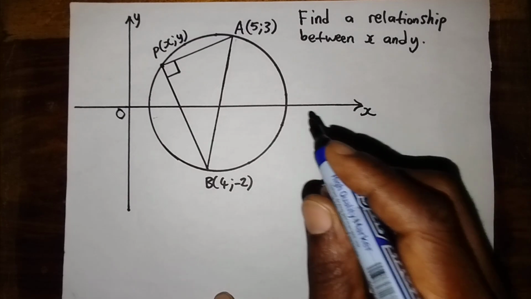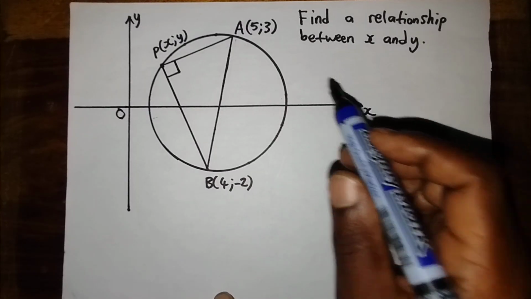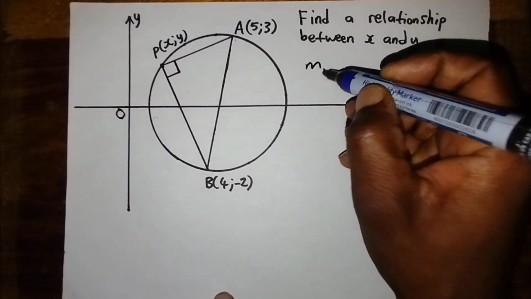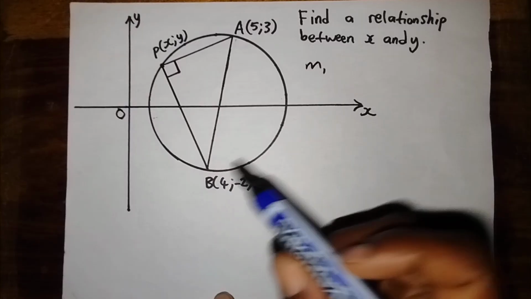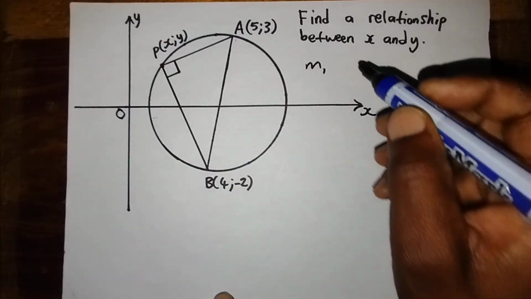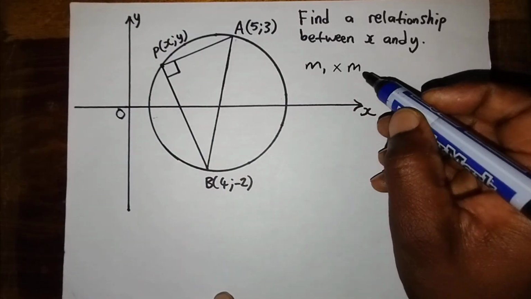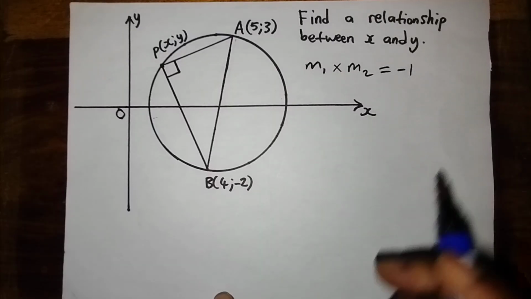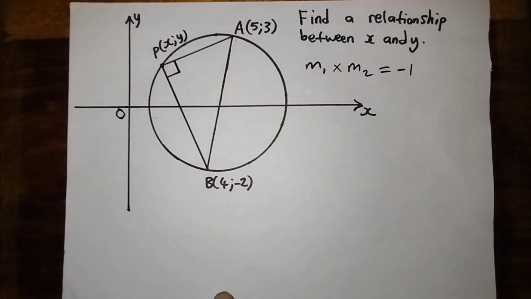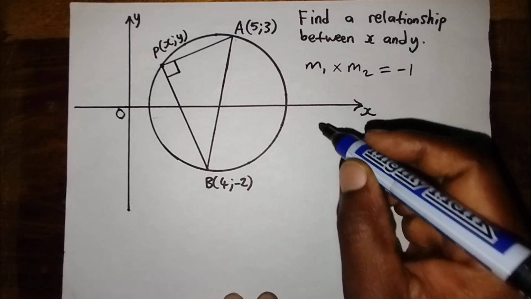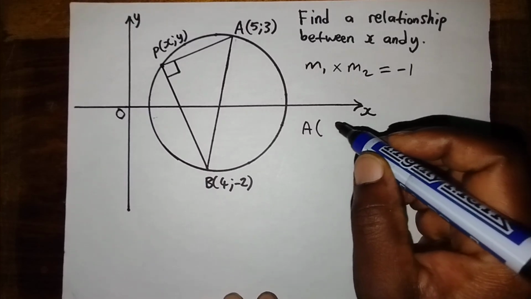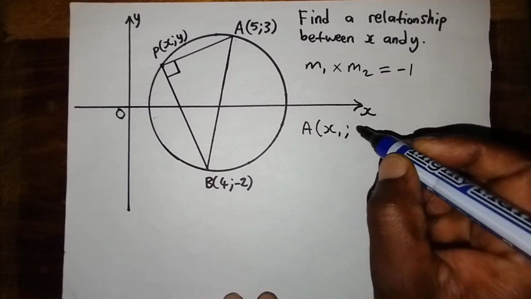If we call the gradient of the line AP m1 and the gradient of the line BP m2, their product will be equal to -1, because the product of the gradients of perpendicular lines is -1.